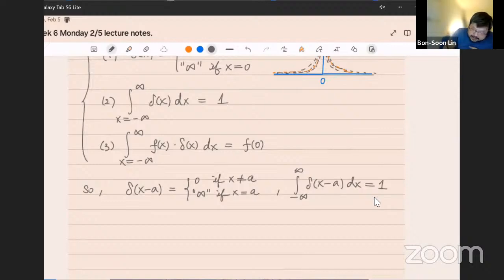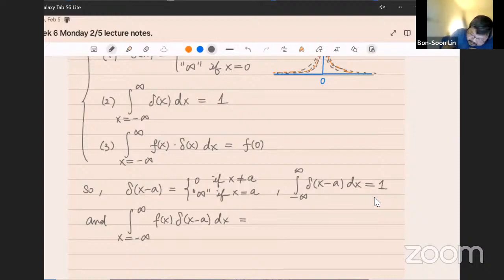Now, what if I integrate this function against the function f of x? If I were to integrate x going from minus infinity to infinity of f of x times delta of x minus a dx, because this impulse is set at x equals a, it will pick out the value of f at a.